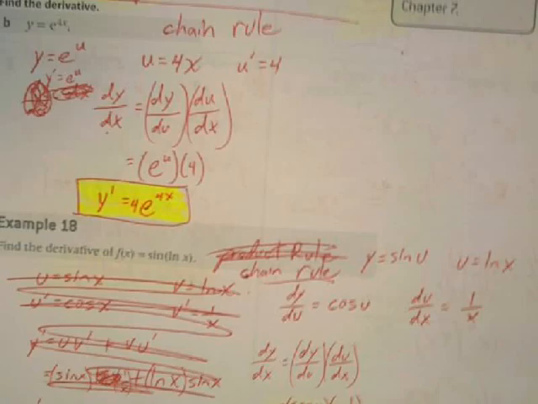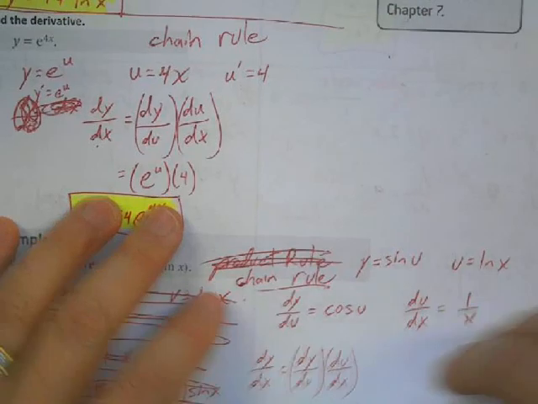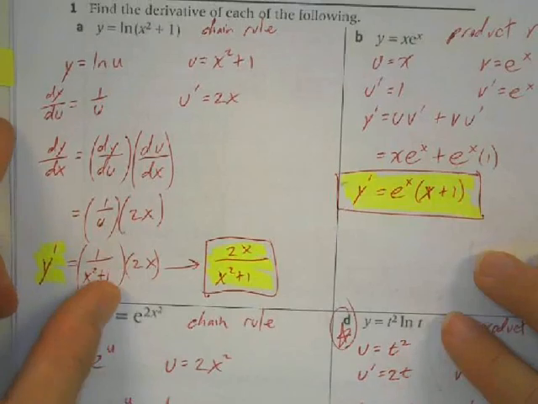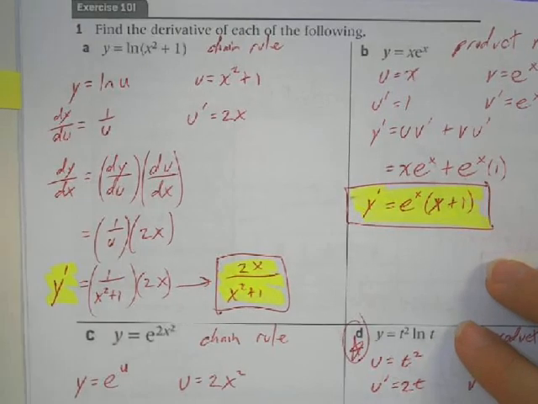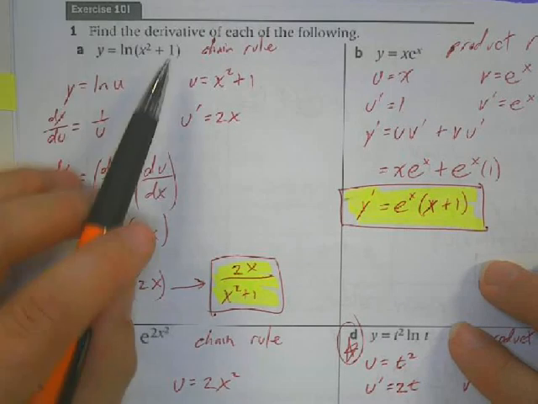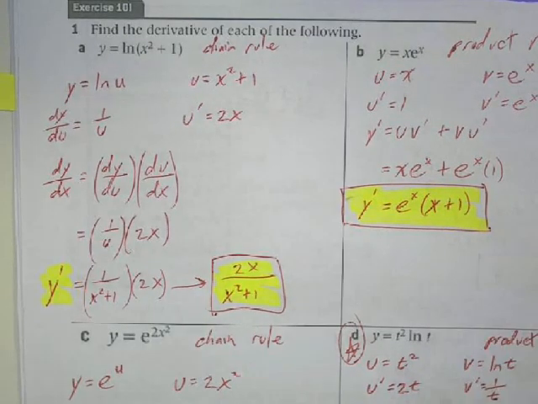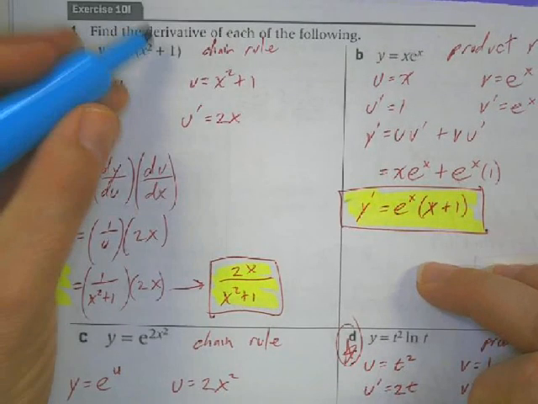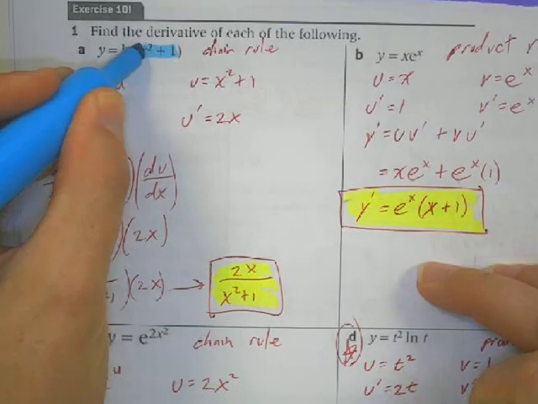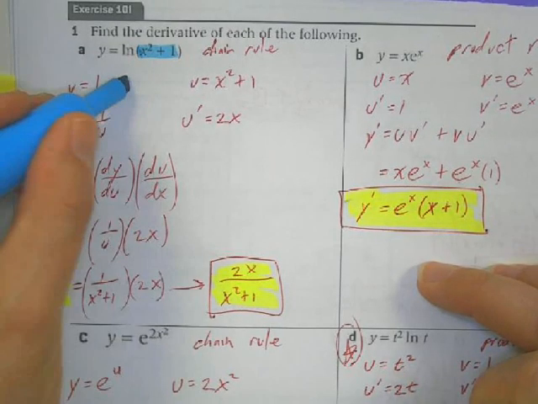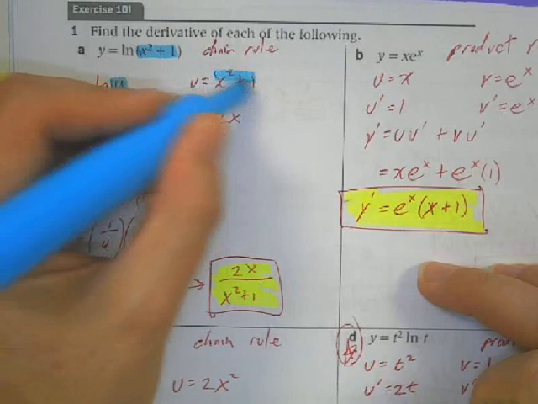And I'm just going to show the key and walk you through these here. Okay. I'm going to use the chain rule here. Natural log of this blue stuff, and that blue stuff is x squared plus 1.